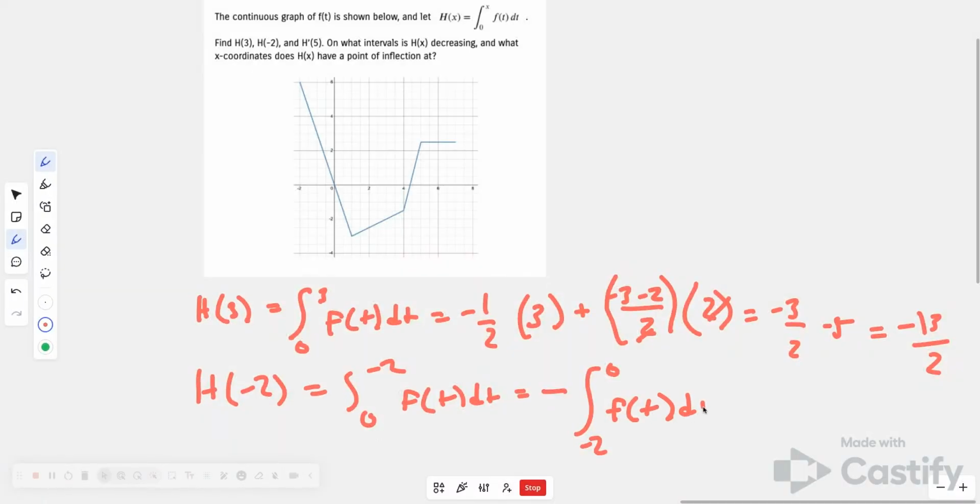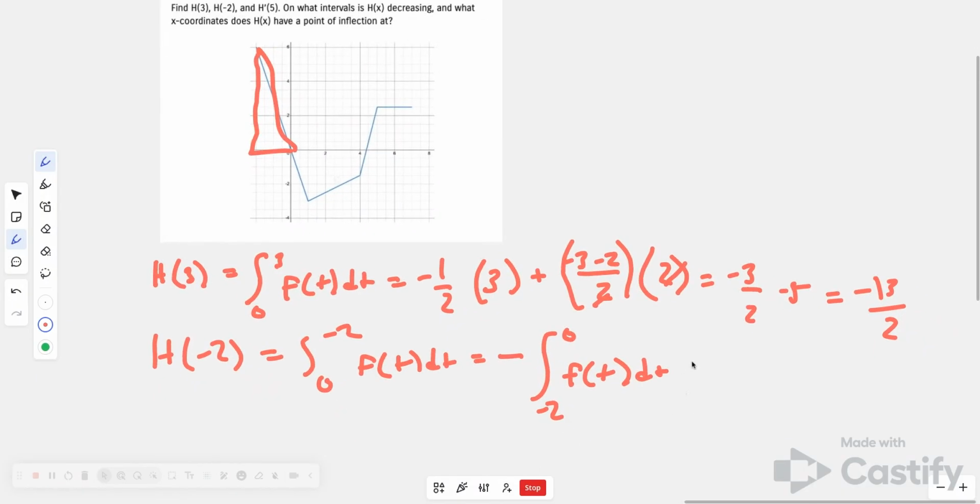And now once we do this, we can evaluate the area of this triangle normally, like how we normally would. So this is going to equal negative 1/2 times the base, which is 2, times the height, which is 6.